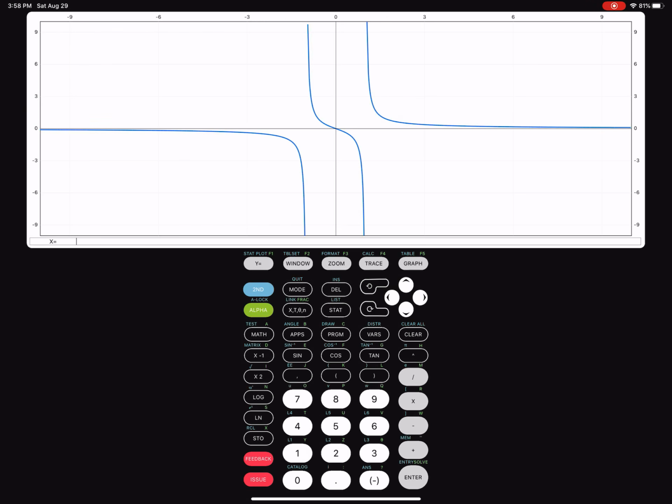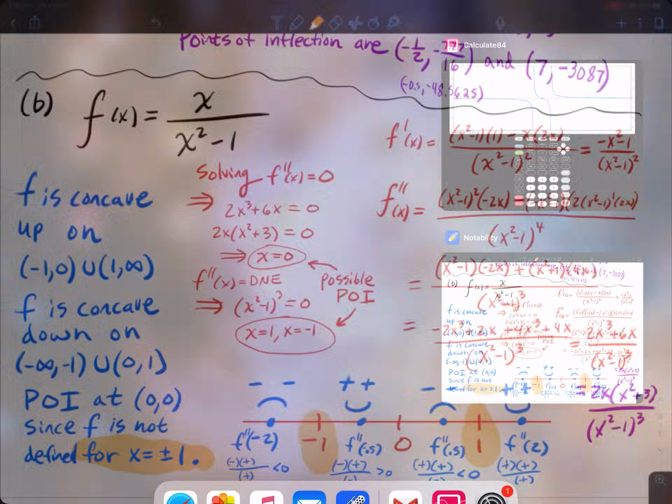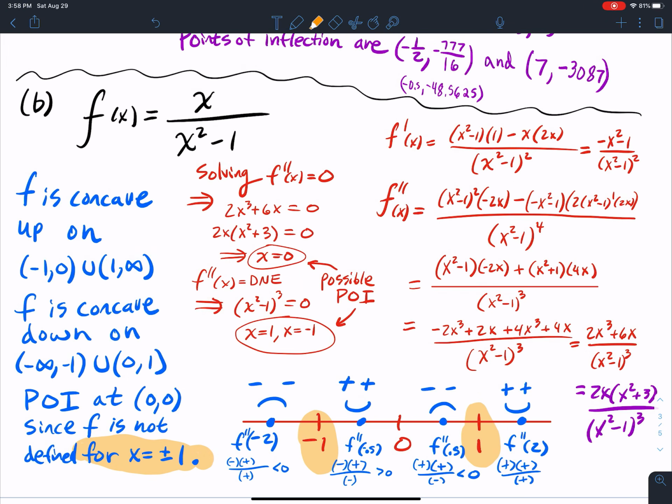You can see that the vertical asymptotes you have at negative 1 and positive 1, and then you can see here we're concave down on this side, but we're concave up on this side. So at 0, we switch concavity for that second derivative. Okay? All right.